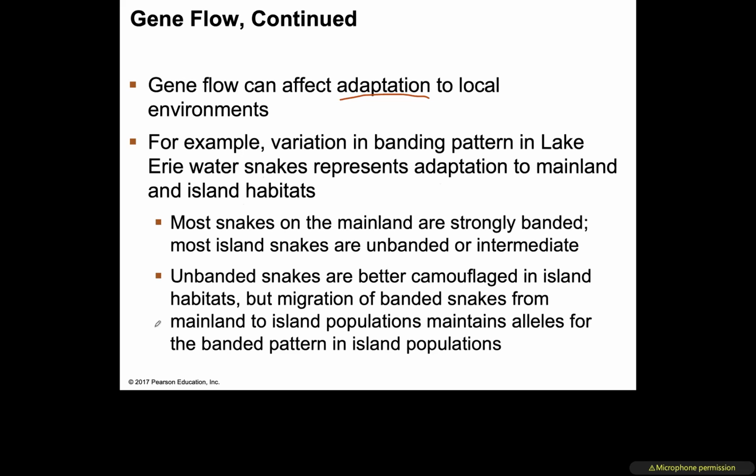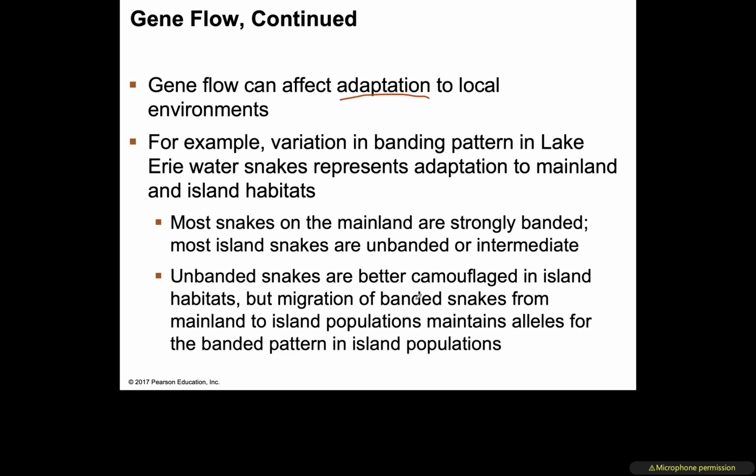Your unbanded snakes are going to be better camouflaged on an island, okay? So the banding is a result of the genes. Their ability to be camouflaged within the environment is an adaptation.